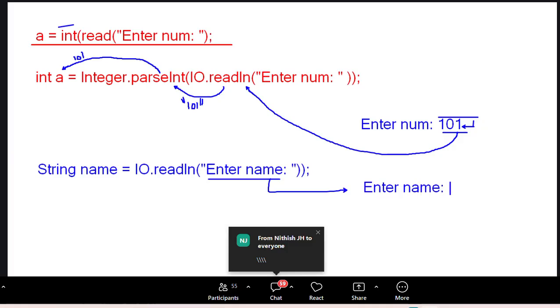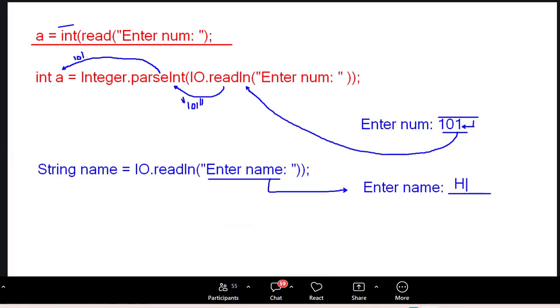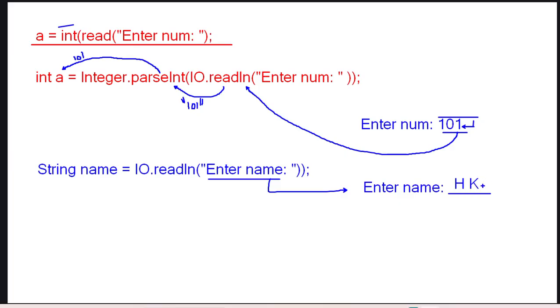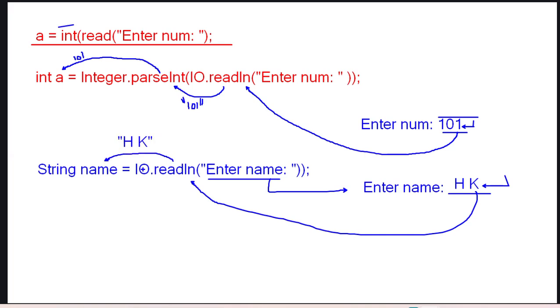Enter name. Program execution is paused because of readln. Then you enter Hari Krishna and the enter key. Now the complete data is read by readln and returned and stored as HK. The enter key characters are ignored. Everyone understand? So from Java 25 onwards, we can read data directly.